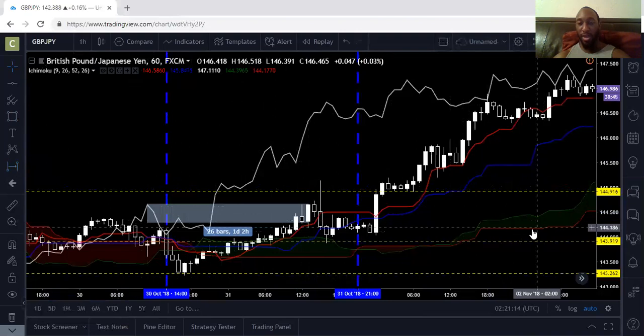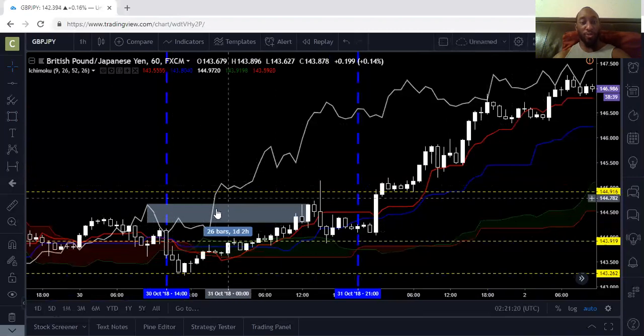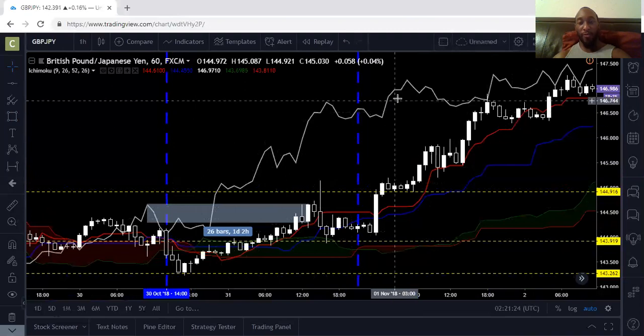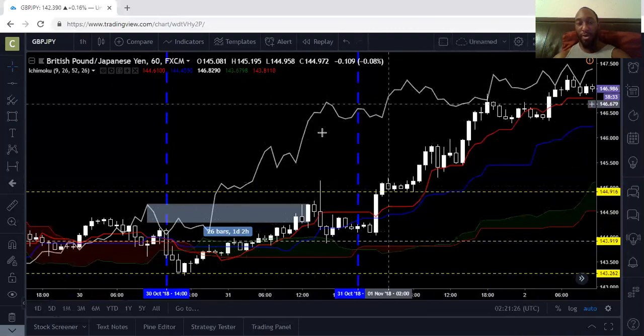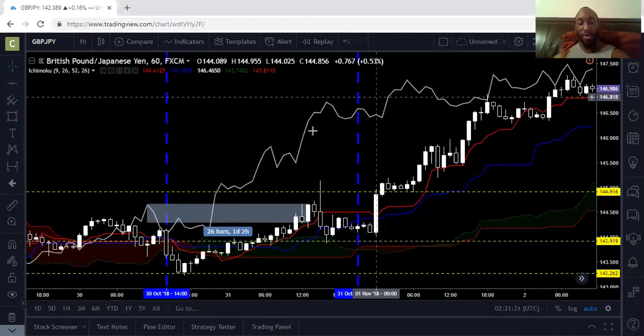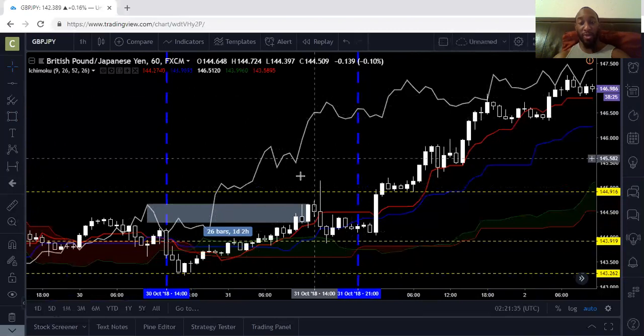That lets us know that we are in good standing right now. Once you see Chikou span break the cloud, look how far it is away from the cloud and how far it is away from price. When you see how far it is, that's a good sign that it's a good trade to take. It's a very clean trade.